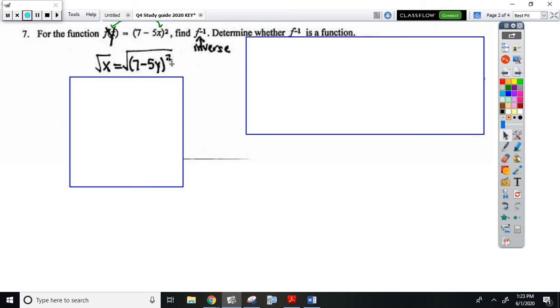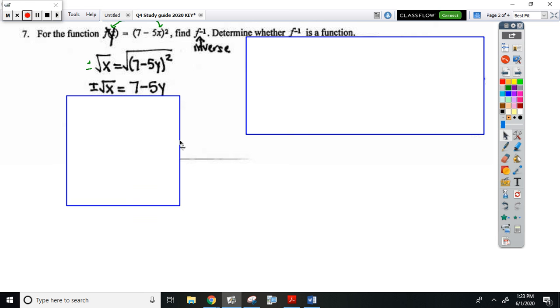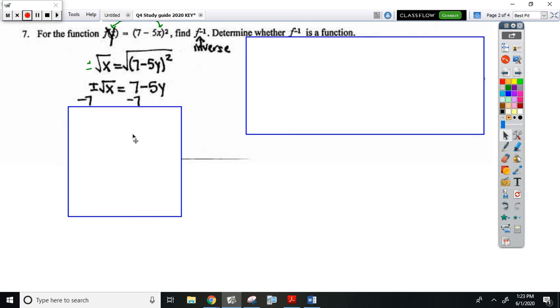Right now I see a squared outside. So we are going to solve for y, taking the inverse of squaring something, which is square rooting. So I drew in those square root symbols on both sides. Go ahead and put a positive and negative symbol as well. And to solve for y, we need to undo addition of 7 with subtraction of 7.